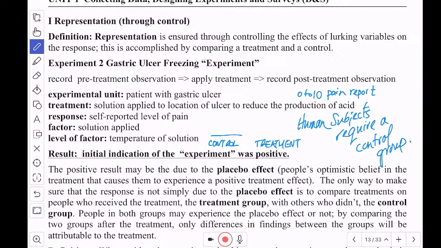So the patients have to say 0 to 10. And then let's say we just calculate the average of the report. So let's say the control group ended up with an average of, let's say, 5. I have to do this before and after. Wait, I need to make more space. Let me do this again.